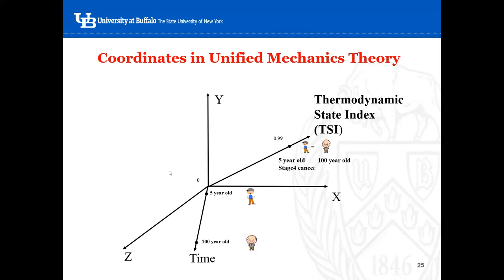Now, in the unified mechanics theory, thermodynamics has its own axis. Okay. Now, let's say I have a 5-year-old boy and a 100-year-old man, and then in Newtonian space, I can put them in their x, y, z coordinates, and then on the time scale, they go to 5-year-old and then 100-year-old.